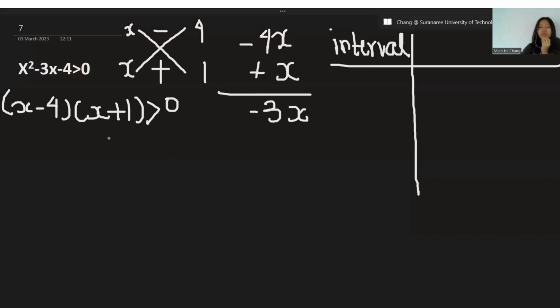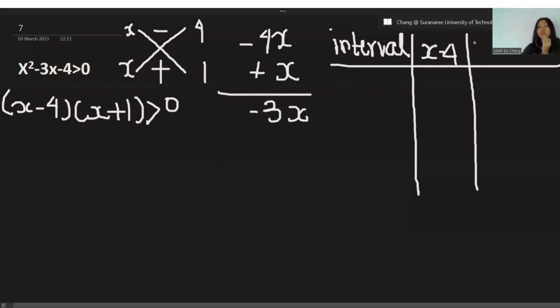Okay, so you have to find the solution for x. So x minus 4, x plus 1 here. And here is the multiplication of x minus 4 into x plus 1. Okay, I didn't write it because there is no place to write. I hope you will understand.